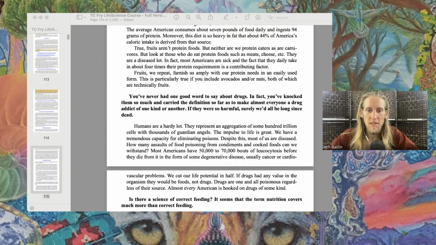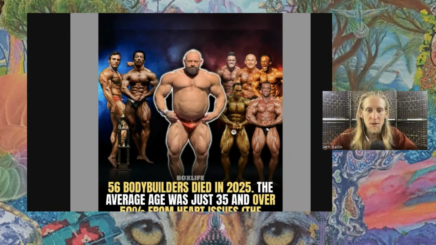Now, it's so interesting to me because at the same time that these new government guidelines came out for food recommendations, we're also seeing a record number of deaths related to bodybuilding and excess protein intake, not to mention all the steroid and gear usage. I mean, look at the guy in the middle there. That protruding round gut is a sign of steroid use. So obviously these bodybuilders are doing unhealthful things to look completely jacked. And one of those things is to eat excess protein.